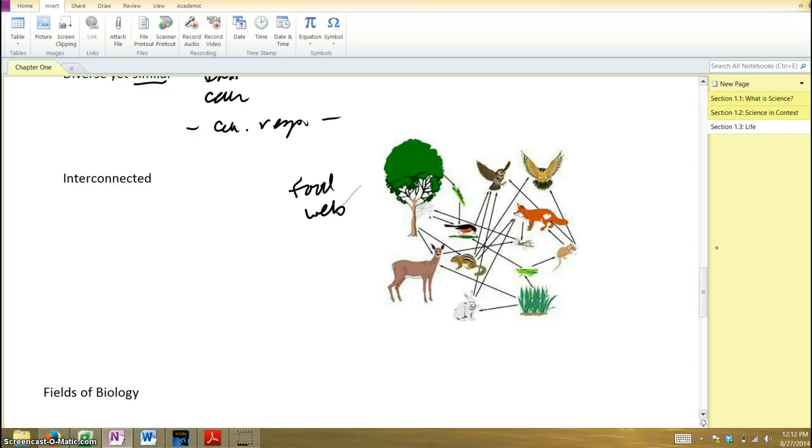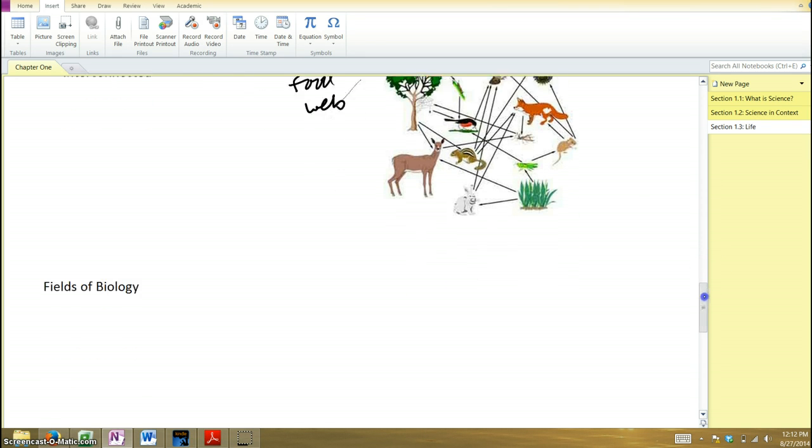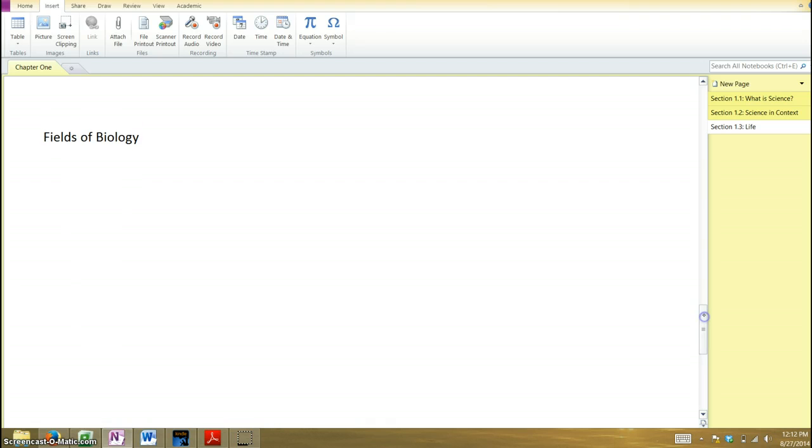Now on pages 22 and 23, we don't necessarily need to memorize these, but you just want to be aware, as you probably know, there's of course many fields within biology, and I'm sure you could think of some. You could be a biochemist, or you could study genetics, or you could be an ecologist.